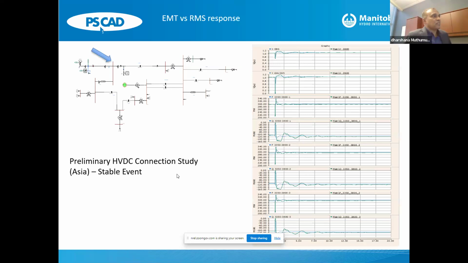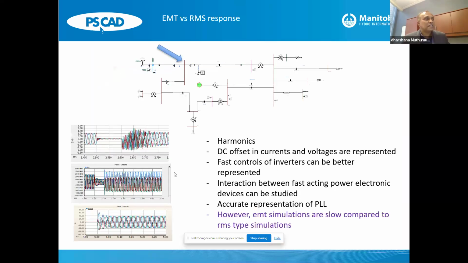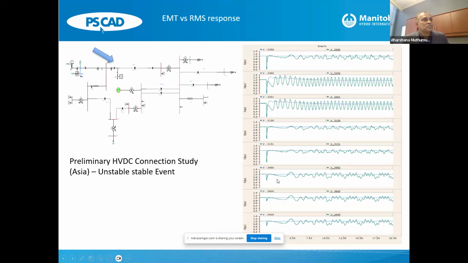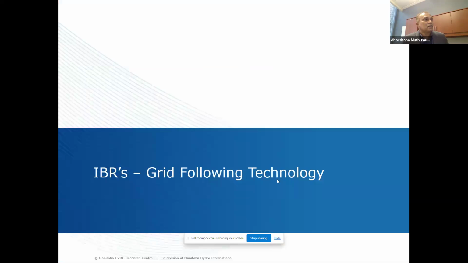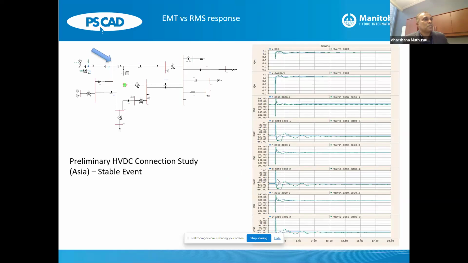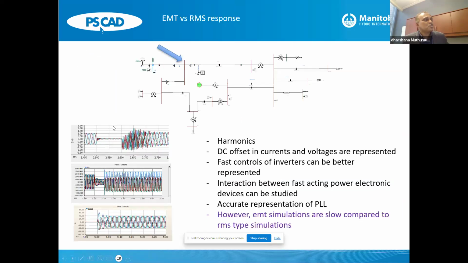Here are some example plots. Now, traditionally, EMT studies were performed to identify the impact of high frequency transients on equipment insulation.